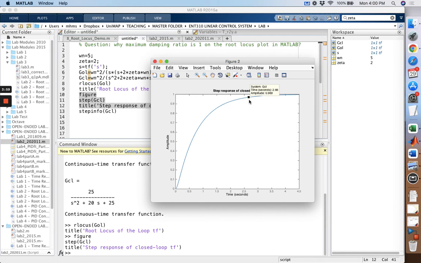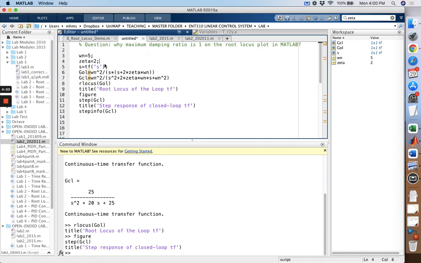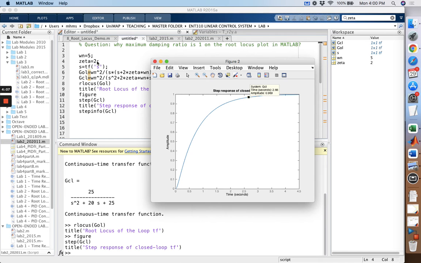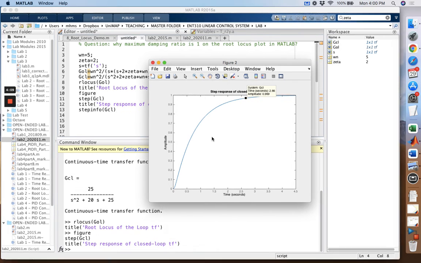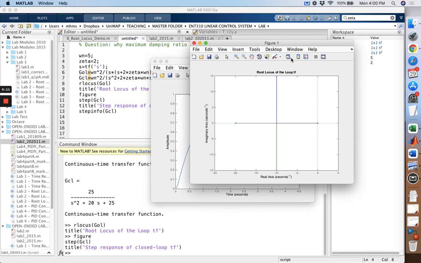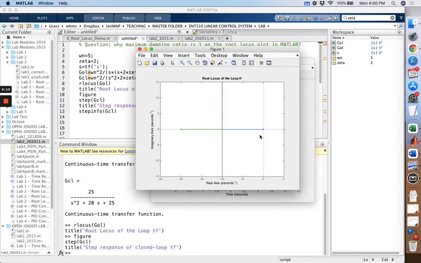We defined earlier in this example that zeta equals 2, so this is actually an overdamped response. So the question is, when we put it on the root locus, you can see here the damping ratio will always be 1, regardless of the location of poles.